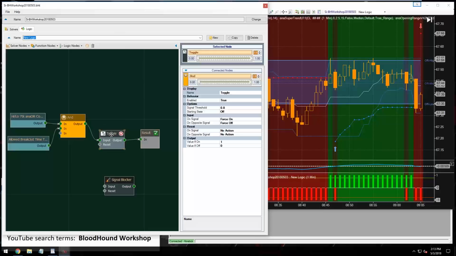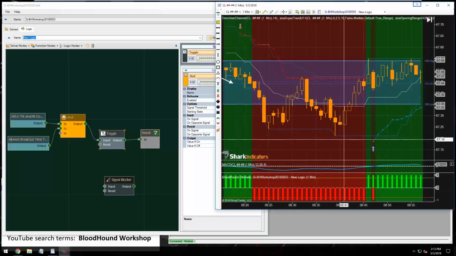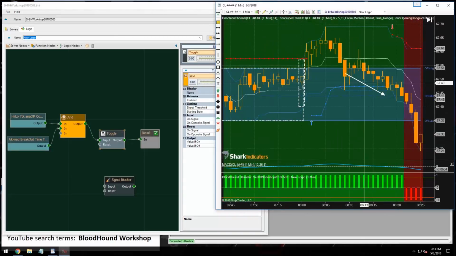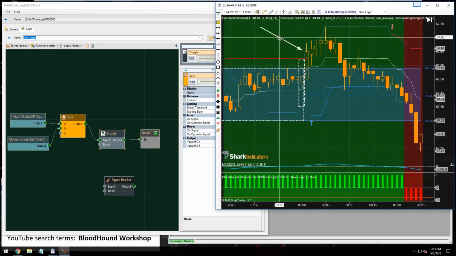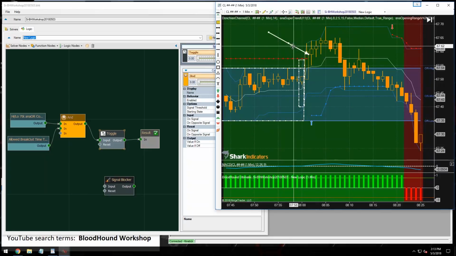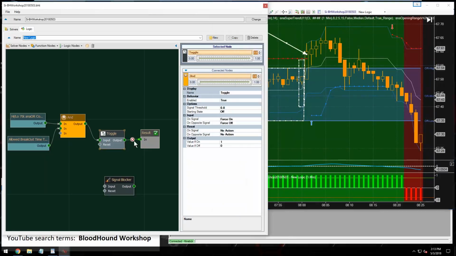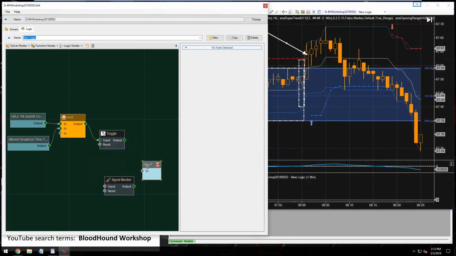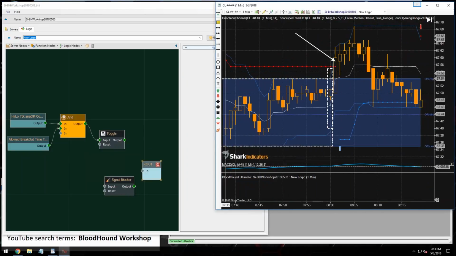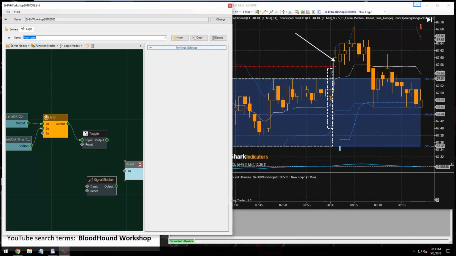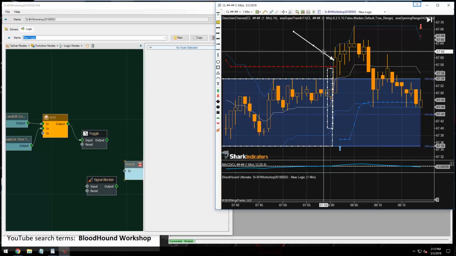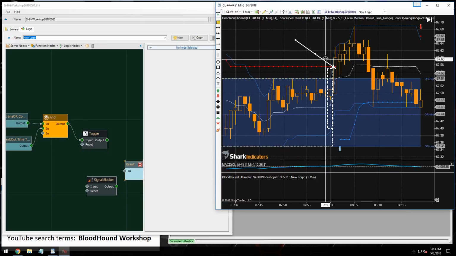All right, let me get some other pieces here. Earlier I had mentioned we need to wait for the breakout to occur, and then we want to block all the rest of the signals. So let's put together a crossover solver that will detect that breakout.